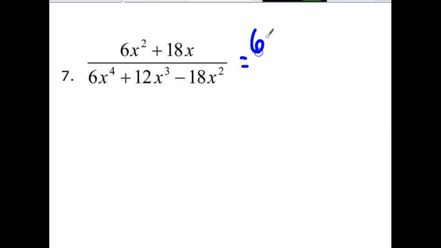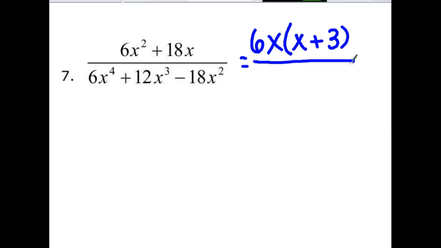Not just 6, but 6x. Take a 6 and an x out of that, I have an x left. 18 divided by 6 is 3. What factors out the denominator? If I divide a 6x squared out of that, and 6 out of that, and 18 divided by 6 is 3.